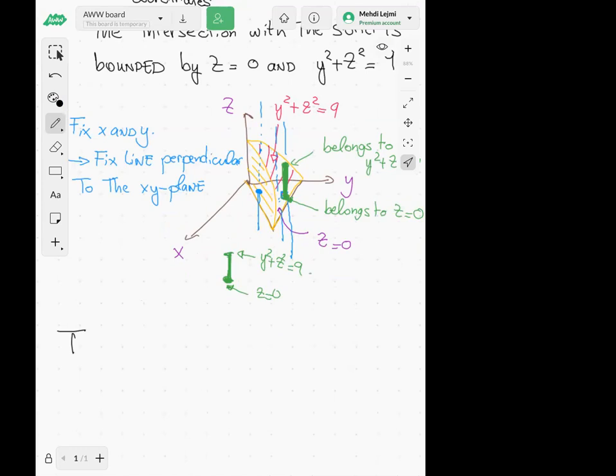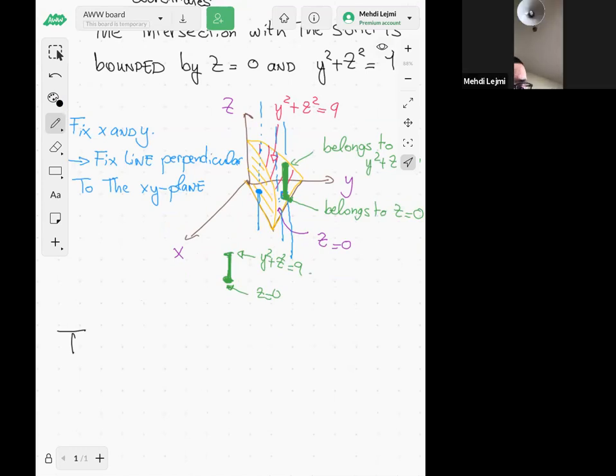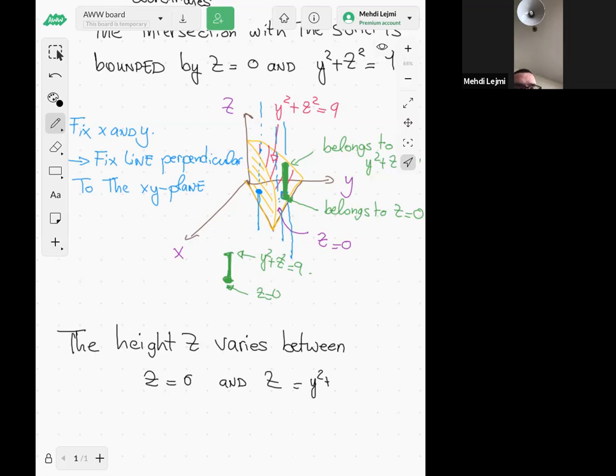Okay, perfect. So now I can say that my height z varies between z equals 0 and the cylinder, y squared plus z squared equals 9.